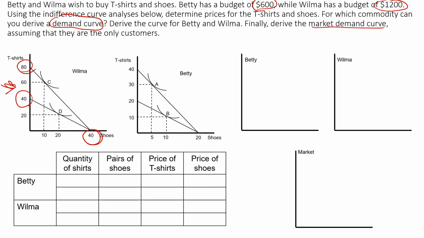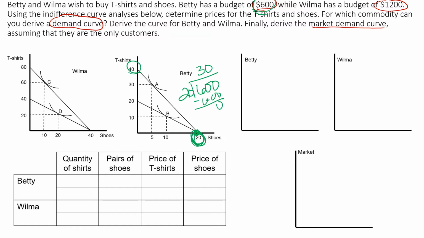So we know Betty has a budget of $600. At these extreme points, let's start with the 20 shoes and the 40 t-shirts. So at this extreme point, if Betty were to spend all of her money on shoes, all of her $600 on shoes, she'd be able to buy 20 of them. I know that because the extreme point on shoes is 20. 600 divided by 20 is 30.